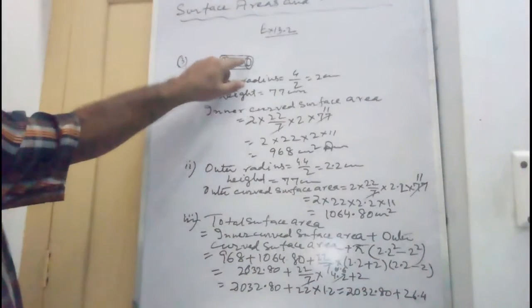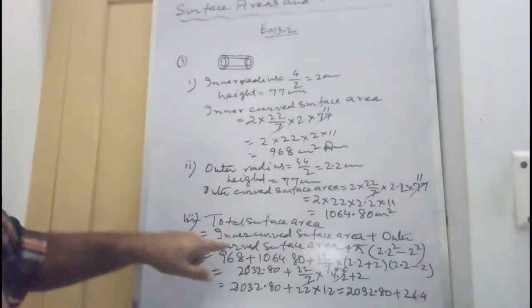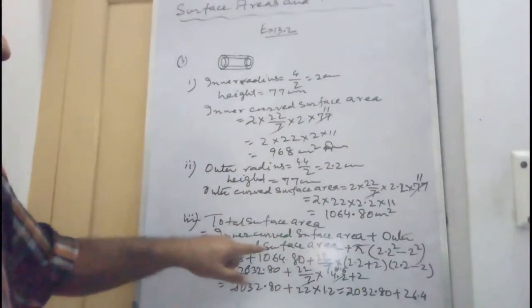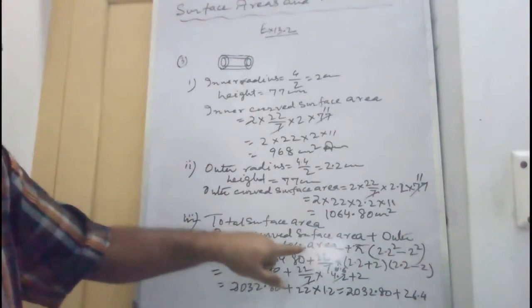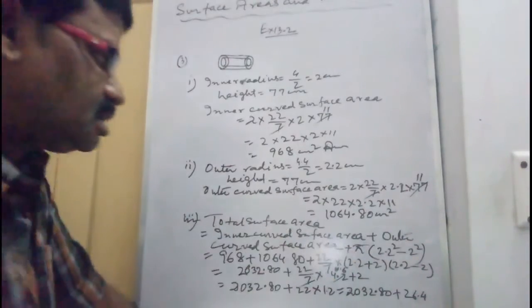So that side, two sides are the shape of a ring. So inner curved surface area plus outer curved surface area, that is for one side, multiply with 2.